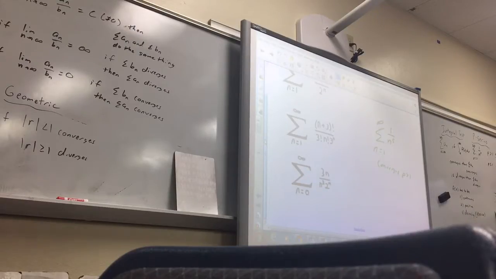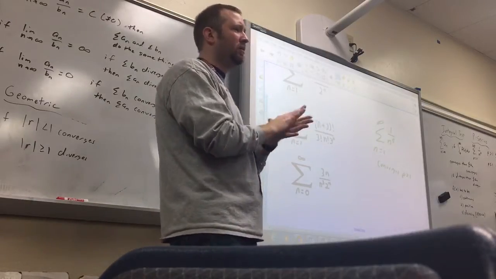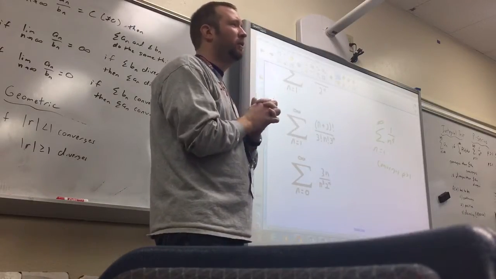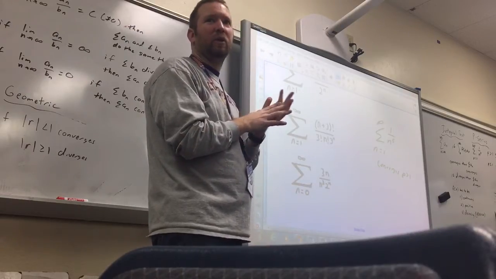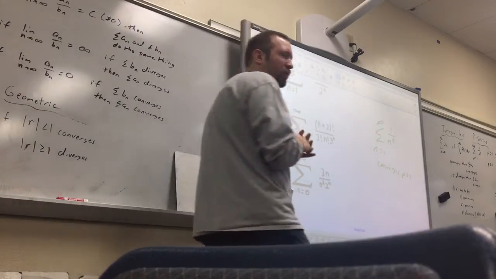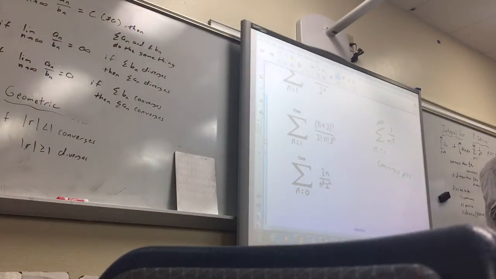You did that on the test. It was no different than in the improper integrals, the three questions on the back, where the whole purpose was to figure out what they did. We used a comparison to 1 over x cubed, or 1 over x squared, or 3 over x squared, or whatever.